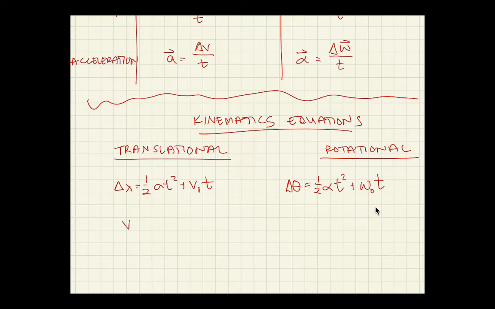Similarly, we could have the final velocity is equal to the initial velocity plus a times t. Angularly, that would be the final rotational velocity is equal to the initial rotational velocity plus alpha times t.